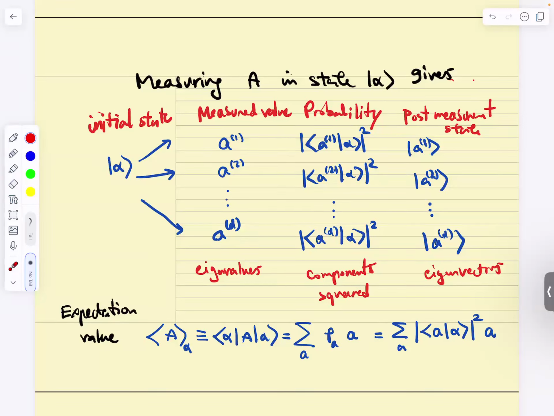For example, SZ, the Z component of the spin of silver atoms, has only two outcomes. These are independent outcomes, A1, A2, all the way to AD. If you get outcome AI, the probability of getting that outcome is the absolute value squared of the bracket AI alpha.